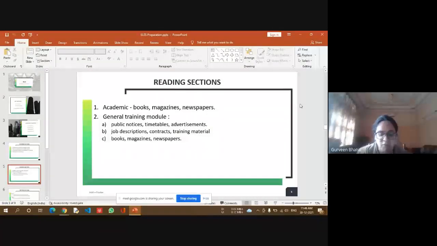You should have a habit of reading certain books on a daily basis, and of reading the English newspaper on a daily basis. Because if you go through an English newspaper like the Times of India or Economic Times daily, it improves your vocabulary. If you come across any difficult word, you may simply refer to Google or the dictionary, and you can get to know what it is all about.